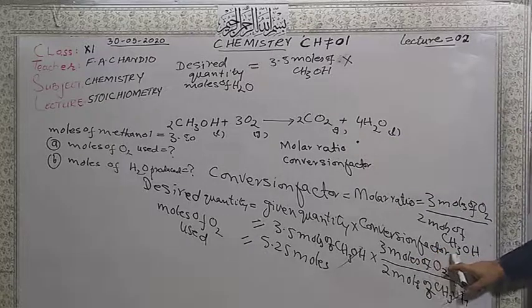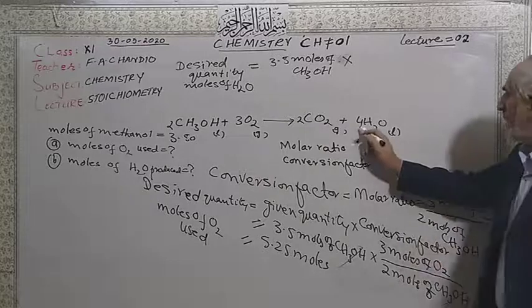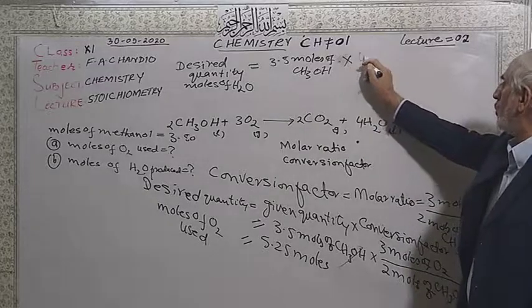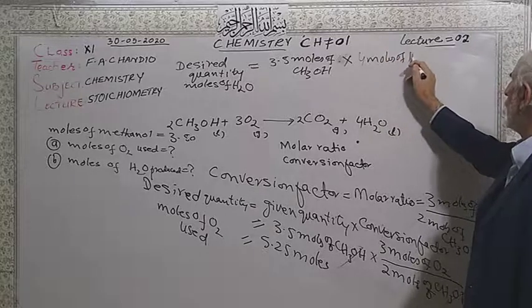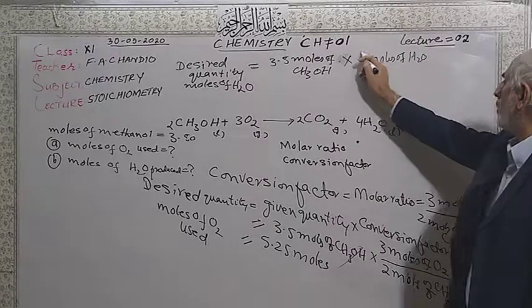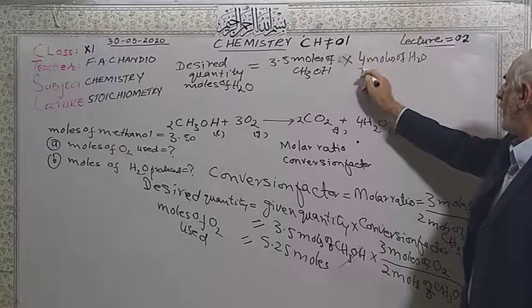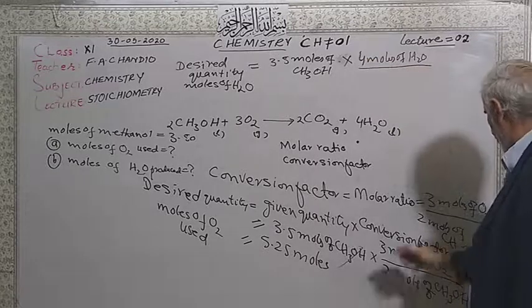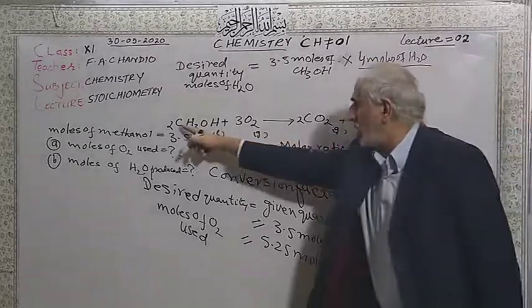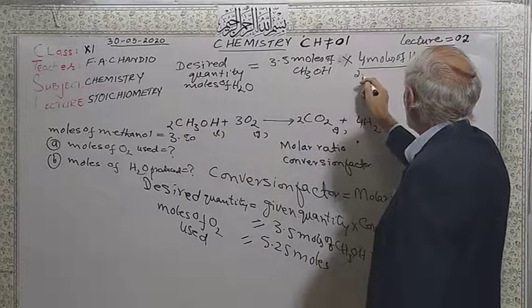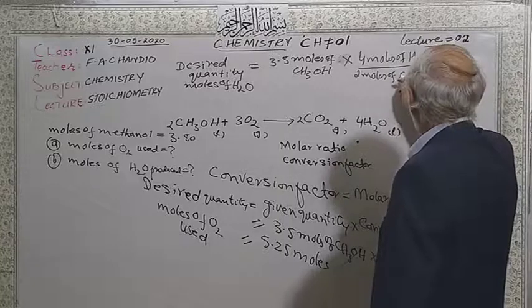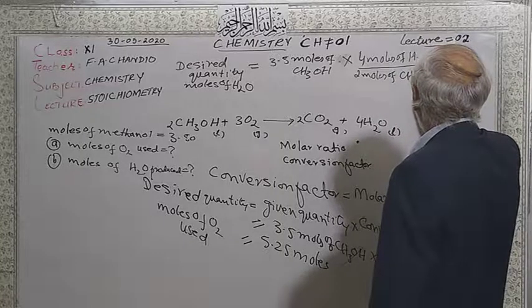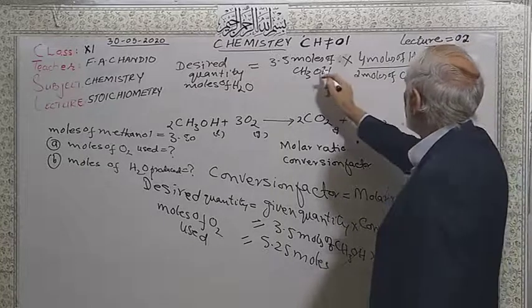Now the question is you have to calculate the moles of water. That is why from the balanced chemical equation, 4 moles of water divided by, same from the balanced chemical equation, 2 moles of methanol. So methanol is cancelled.